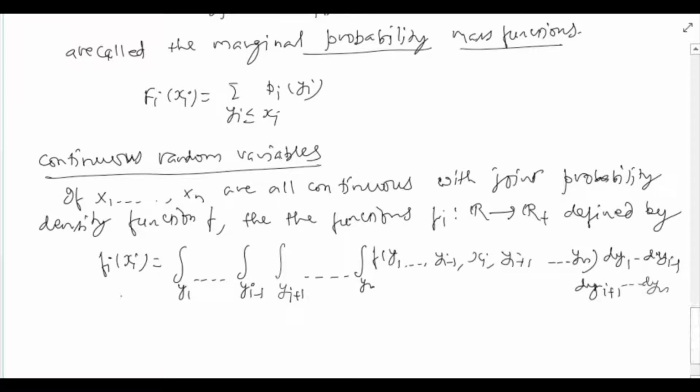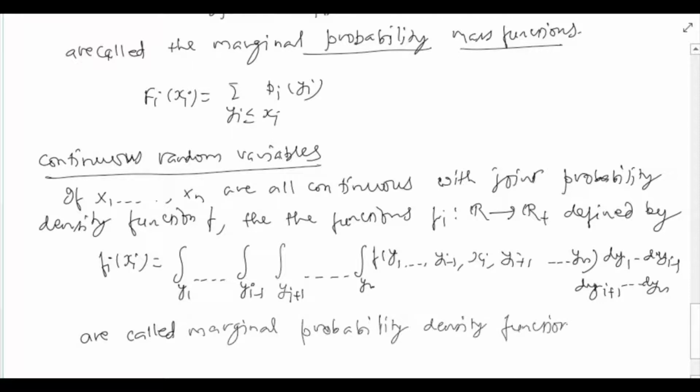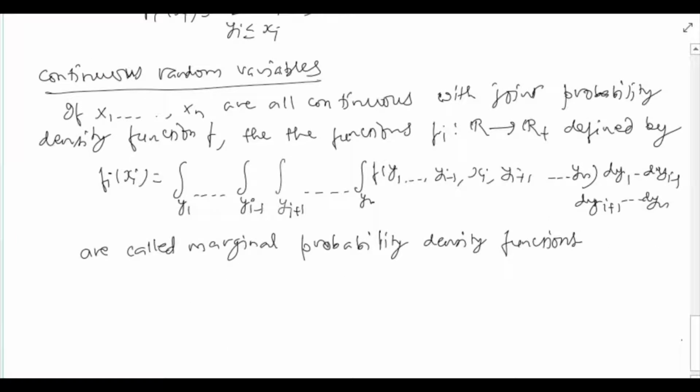These functions are called marginal probability density functions. In case of continuous random variables, we can obtain marginal distributions also from marginal probability density functions. For instance, it turns out that Fi of xi is the integral from minus infinity to xi of fi of yi dyi.